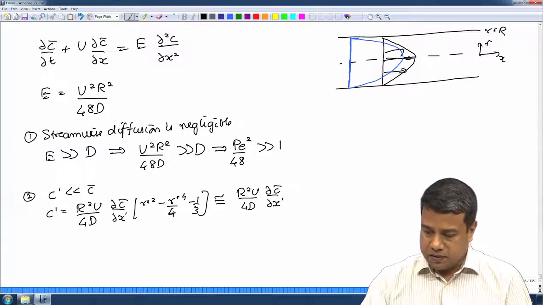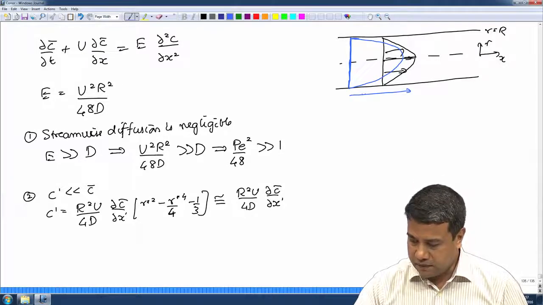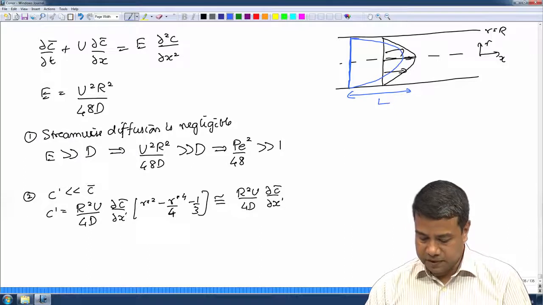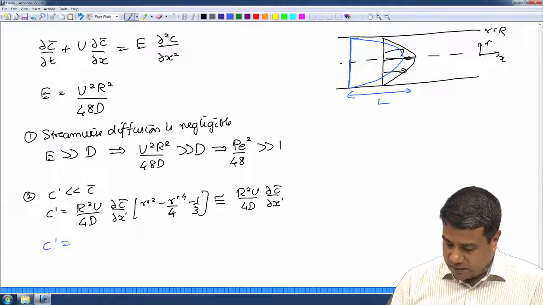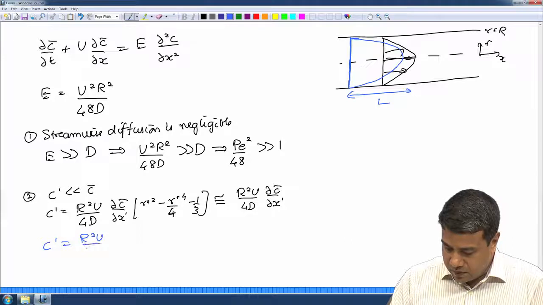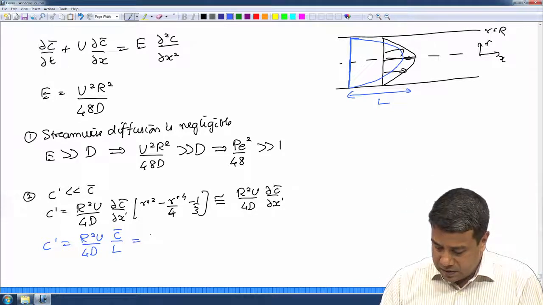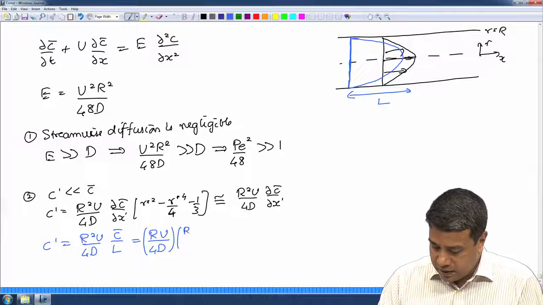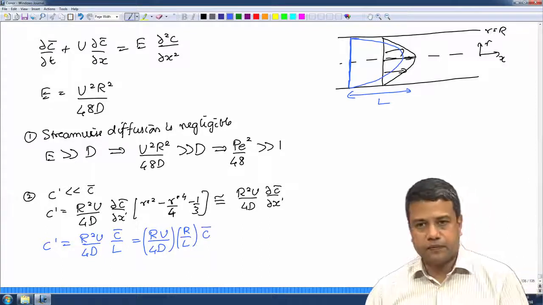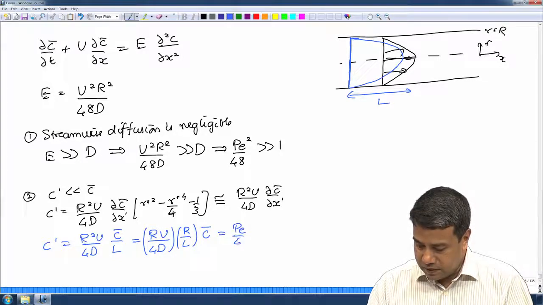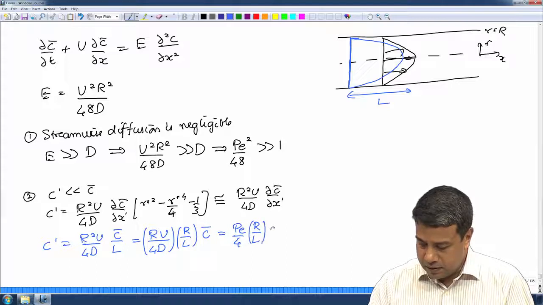So, if the axial spread of this concentration field is some length L, then C prime is approximately equal to r square u by 4d into C bar divided by L. And I can also write this as r u by 4d into r by L into C bar. It is equal to Peclet number by 4 r by L into C bar.